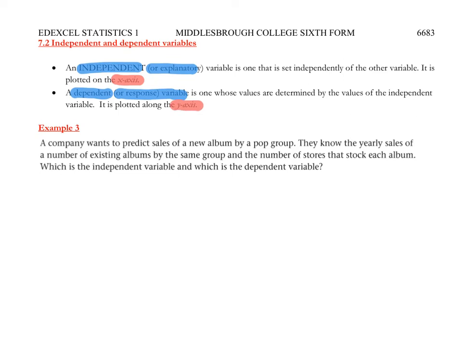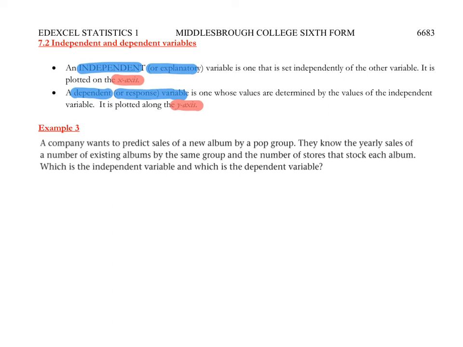So in this example, let's see which one is the independent variable and which is the dependent variable. We have a company wants to predict sales of a new album by a pop group. They know the yearly sales of a number of existing albums by the same group and the number of stores that stock each album.